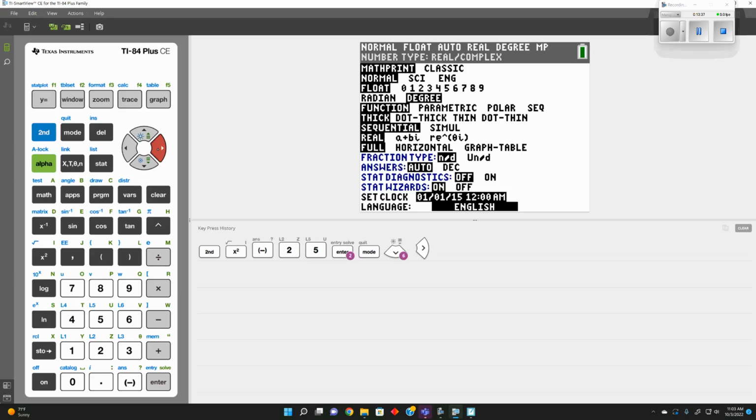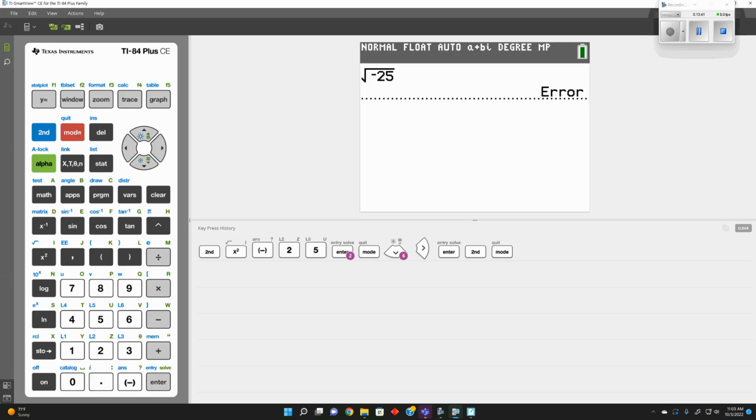If we go into mode and turn this on, second quit. Now, the last one we had was negative 5 times the second square root of negative 9, yes? And the answer that we found was negative 15i, yes?